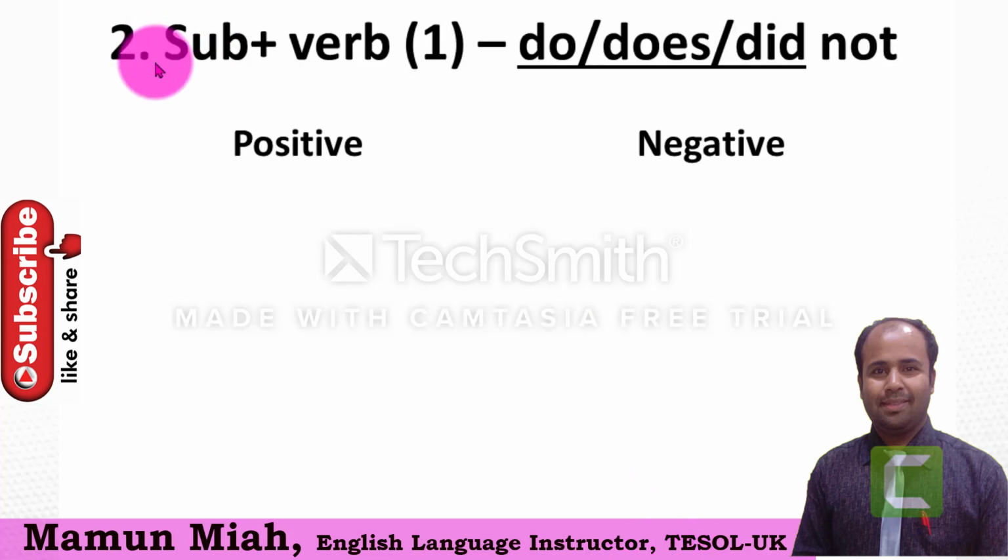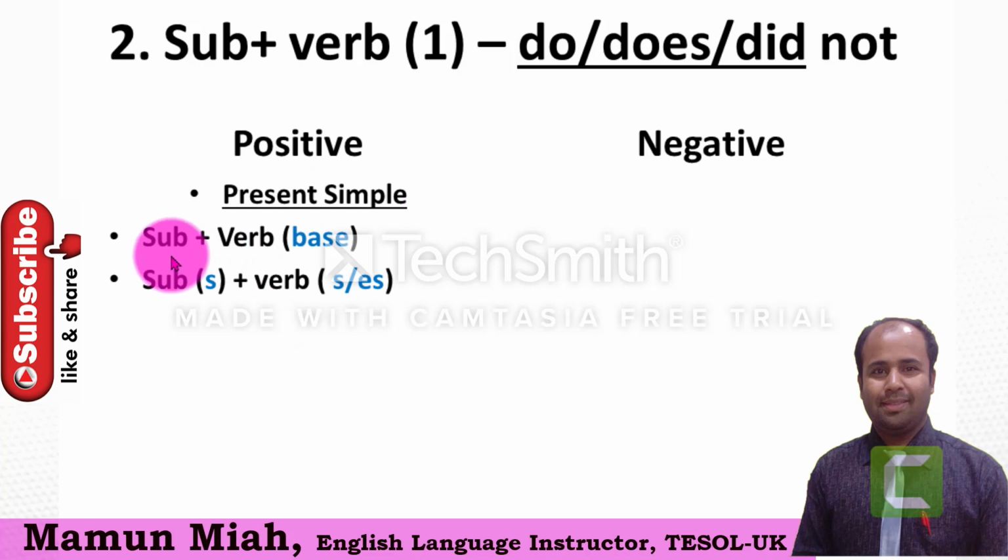The second rule's structure is, if you find only one single verb in a sentence, then how to make it negative? Okay, my dear student, let's talk about it. Positive to negative. Subject and verb base form.